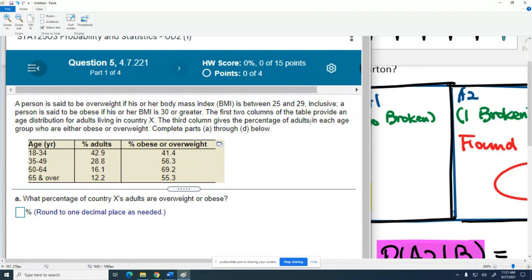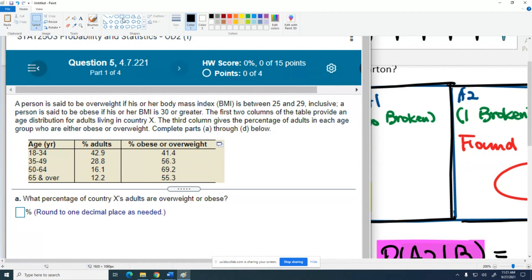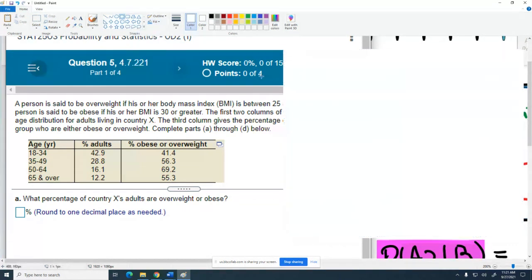When I make the probability tree, then it must be.